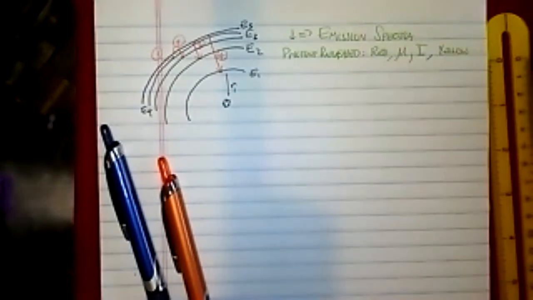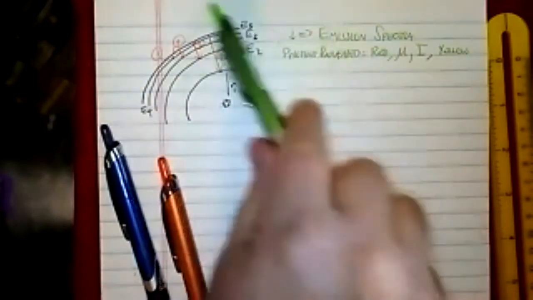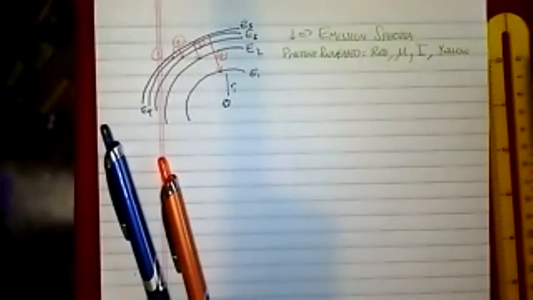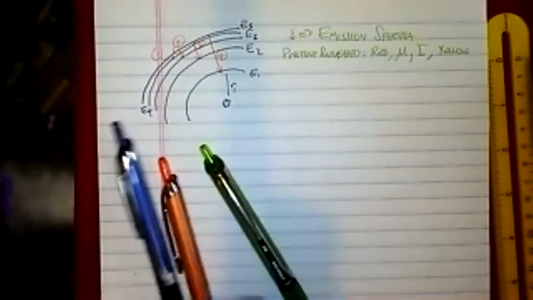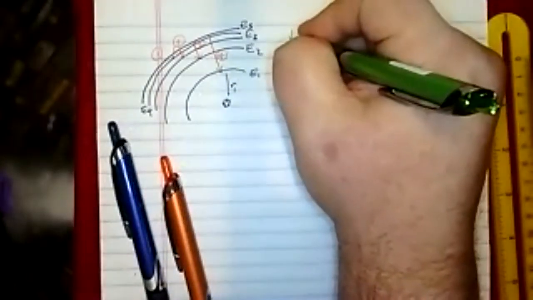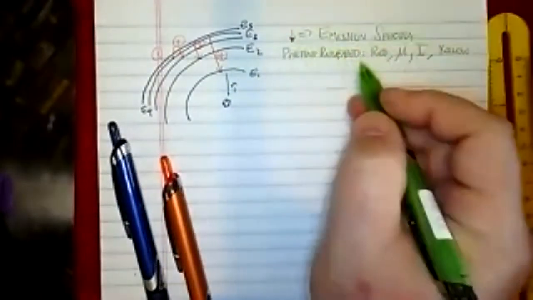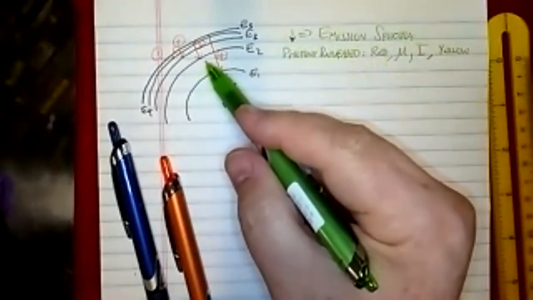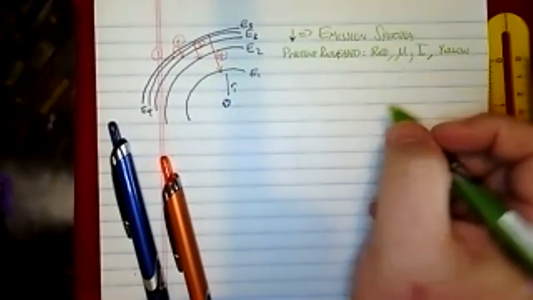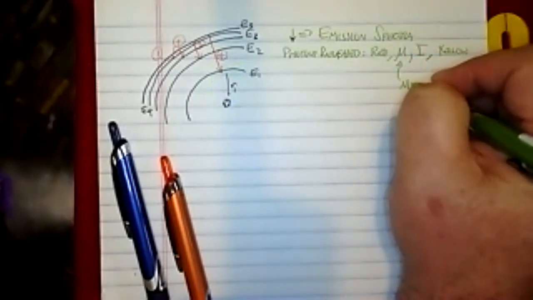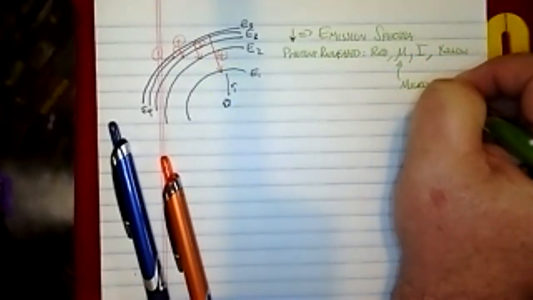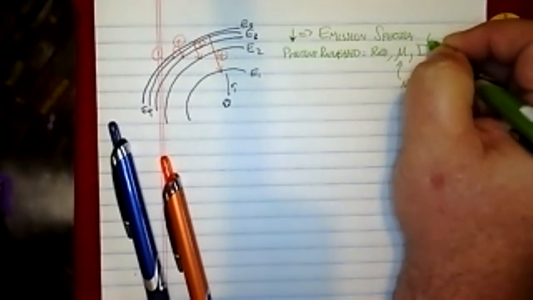So those are the 4 photons that represent these transitions. My question then could be, okay, well, what is the actual red photon? Is it transition 1? Is it transition 2? Is it transition 3? Is it transition 4? What about the microwave? I should write that, microwave and infrared.